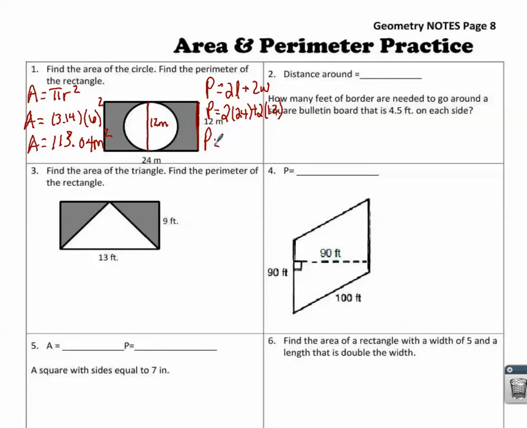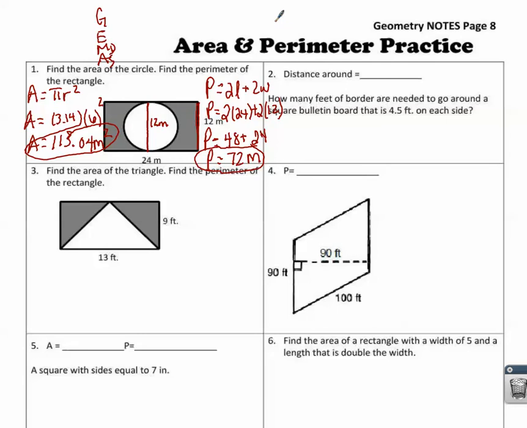And again, order of operations states that you multiply before you add. So you get 2 times 24, which is 48, plus 24, which is 72. So 72 meters. Circle both your answers. You have to have your units on the back of your answer.